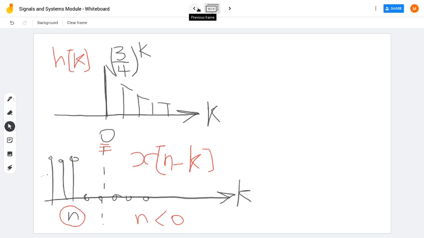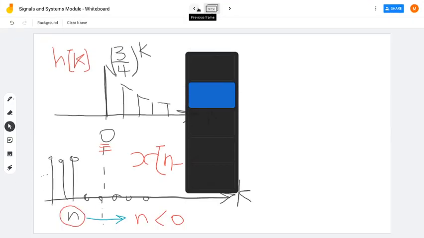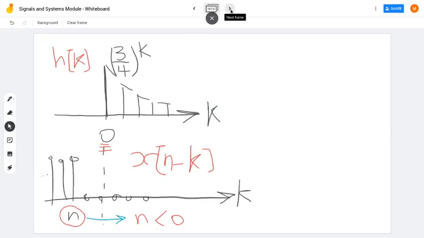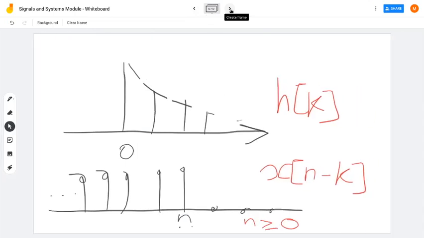What would happen if n is larger than 0? So basically this n will be shifted right here to be larger than 0. Let me draw it one more time. So if we take a look at this case where n is larger than 0, this signal will be shifted to the right. So let's go back.